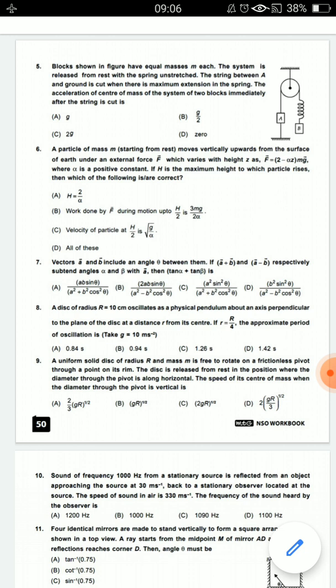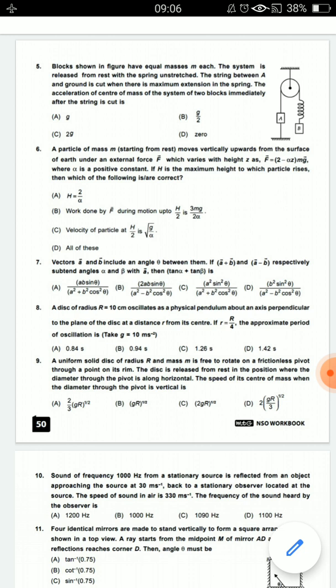We need to calculate the speed of its center of mass when the diameter through the pivot is vertical. The speed is calculated using V equal to U plus AT. When you put in the values, it comes to 2 gR by 3 whole to the power 1 by 2.